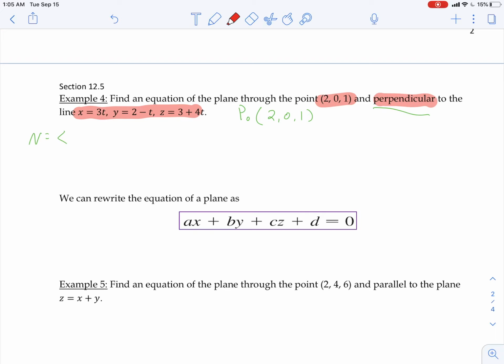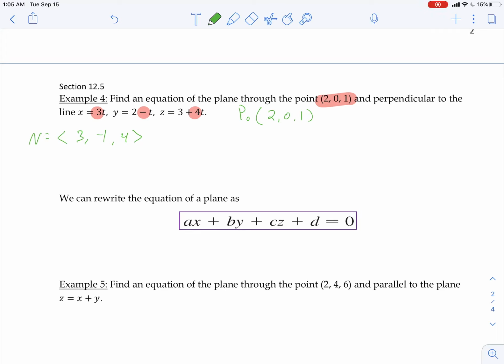So let's go ahead and find that. The vector of that line is given by all of the coefficients: 3, -1, and 4. So now I have the normal vector.